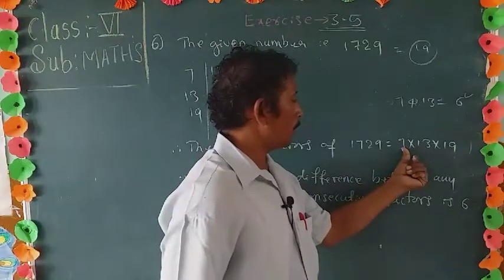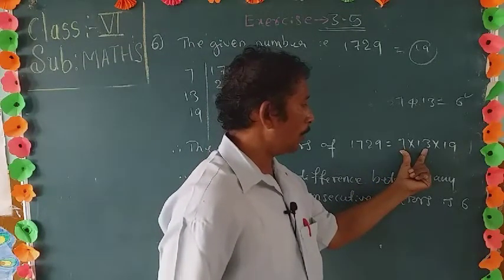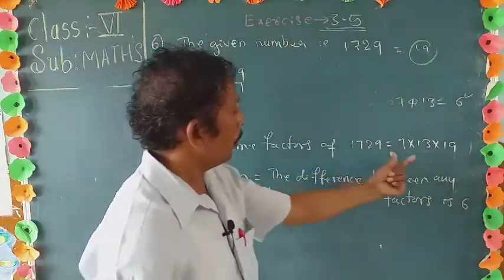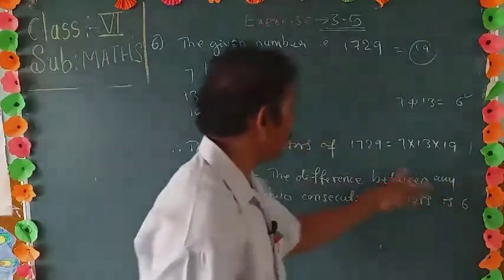Difference between the first, 7, and the second, 13. These are the two consecutive factors in the prime factorization of 1729. Here the difference is 6. Here also the difference is 6. This is the relation.